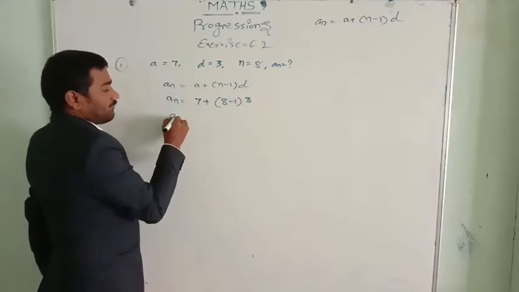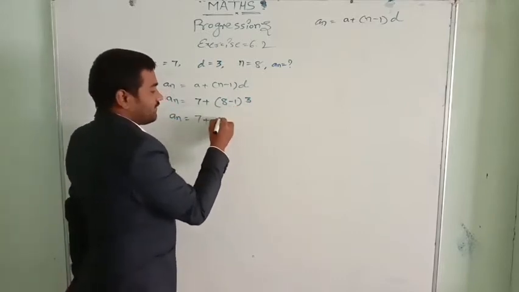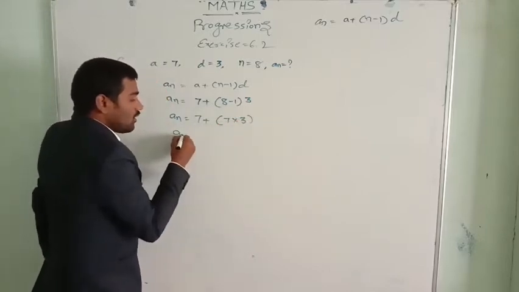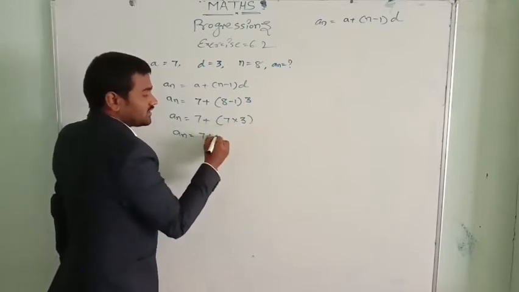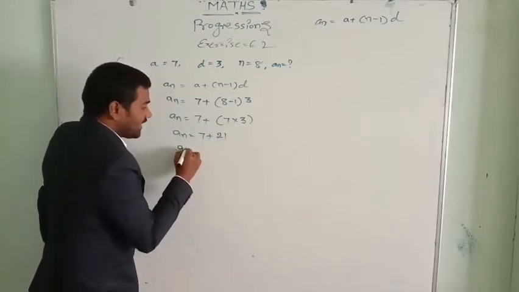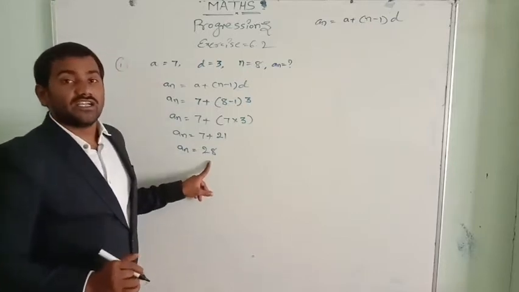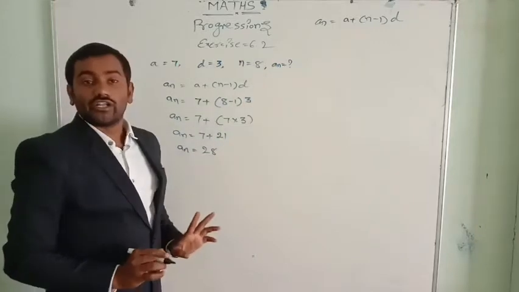Very simple. 8 minus 1 is 7, 7 into 3. 7 threes are 21. So an equal to 7 plus 21, that is 28. So the answer of this question, the an is 28.